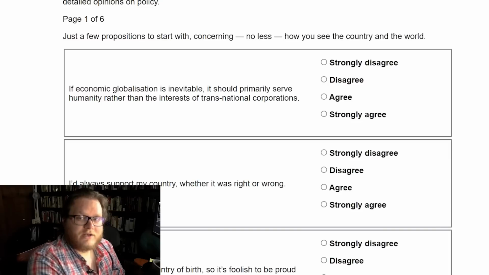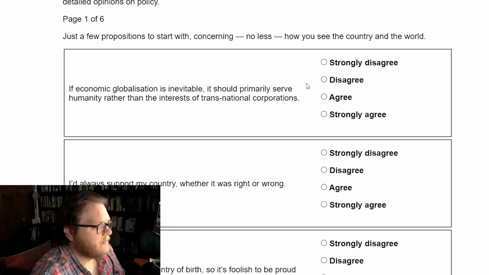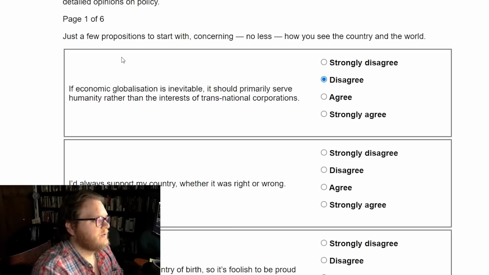So, yeah, it's completely ignoring nuances like that, which is one of the reasons why many people don't like these tests. Yeah, so if I had to pick one here, I would probably pick disagree. I disagree with the notion that they shouldn't primarily serve humans because the test doesn't have enough nuance in it.